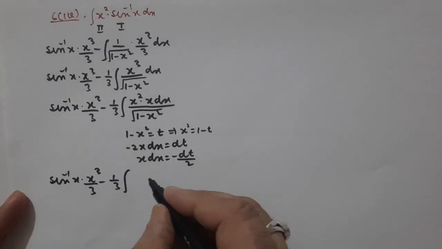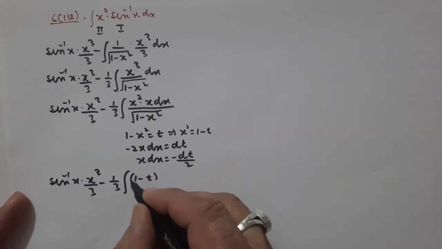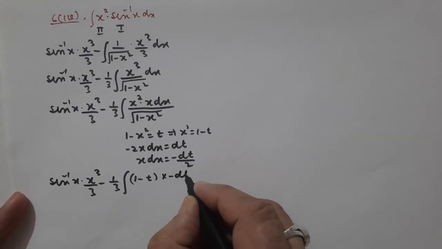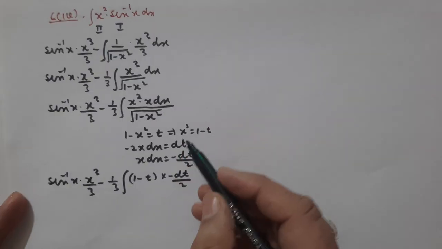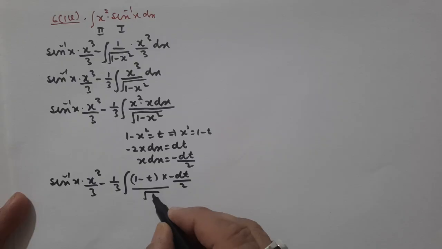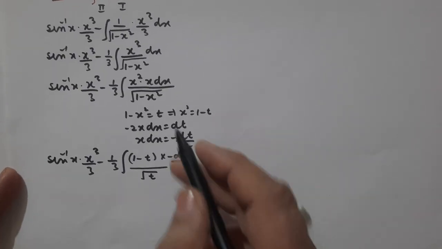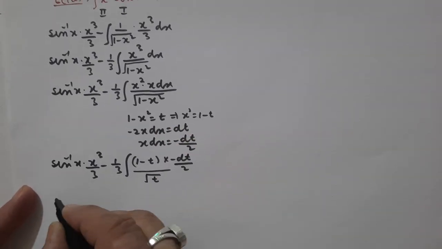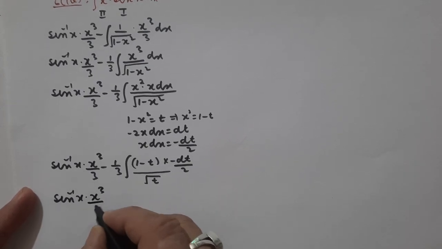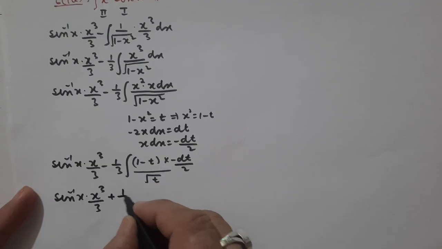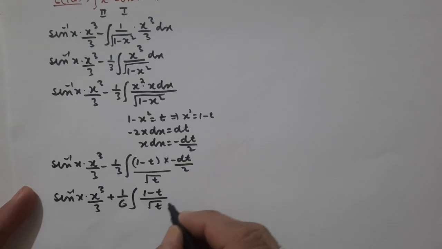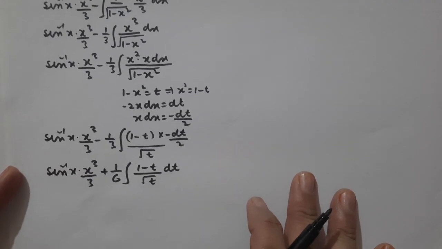In place of x square we write 1 minus t, and the value of x dx is minus dt upon 2, and in the denominator we write root t because we have put 1 minus x square as t. So we get sine inverse x into x cube upon 3 plus 1 by 6, integral of 1 minus t upon root t dt.